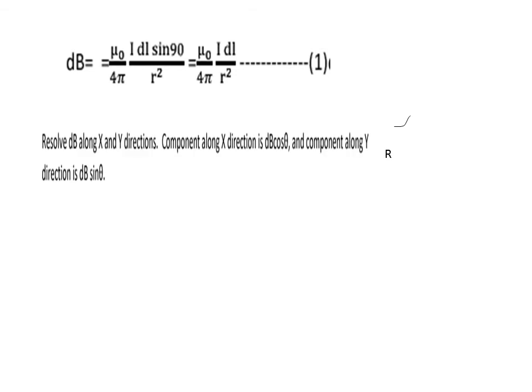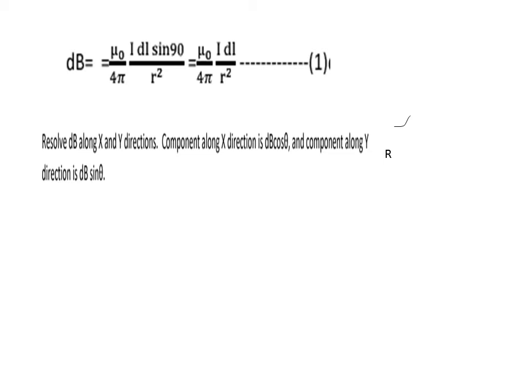Now from the figure we can see that the sin theta components of AB and CD are equal and opposite, and they cancel each other. The cos theta components are in the same direction, that is along the x direction. If we take two similar elements on opposite sides, the sin theta components cancel each other and the cos theta components will be along the x-axis.